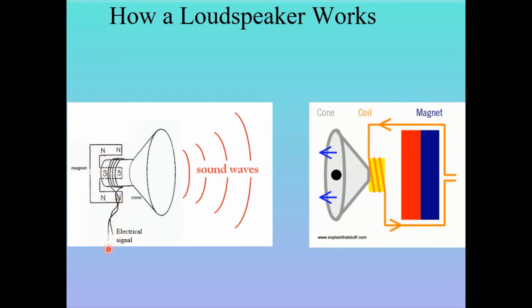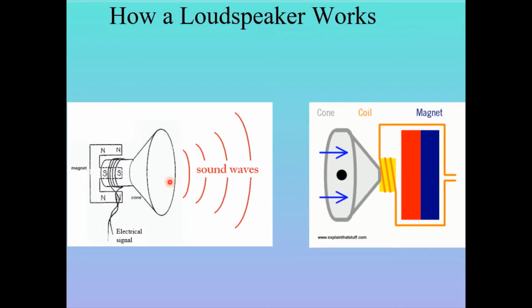So if the sound signal here is varying at, let's say, 400 hertz, 400 cycles per second, this speaker cone is going to move back and forth 400 times per second, and it's going to produce a sound wave with that same frequency, because remember, as it moves back and forth, it's going to compress the air molecules in front of it 400 times a second.